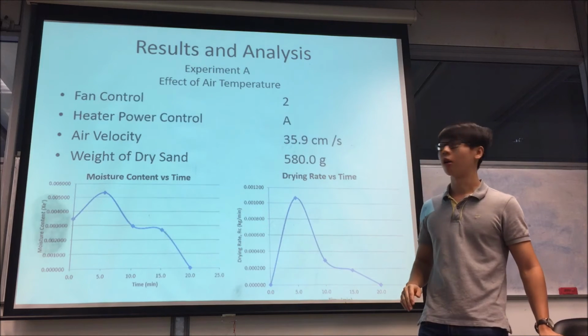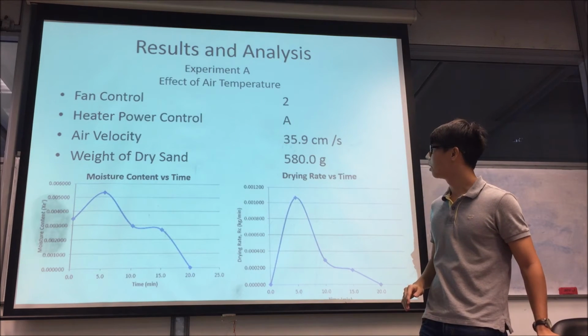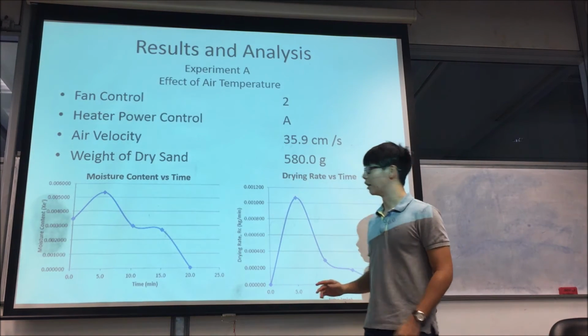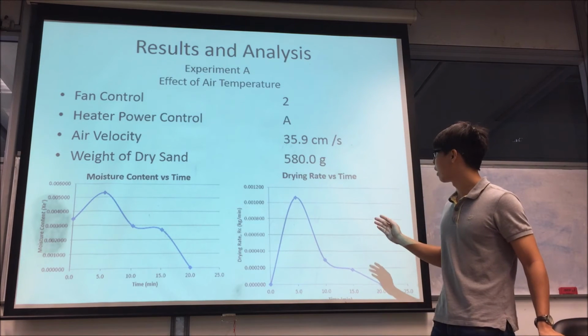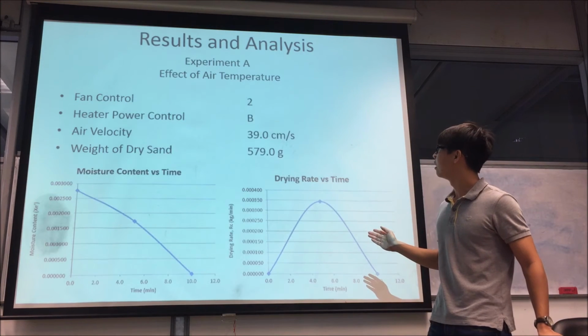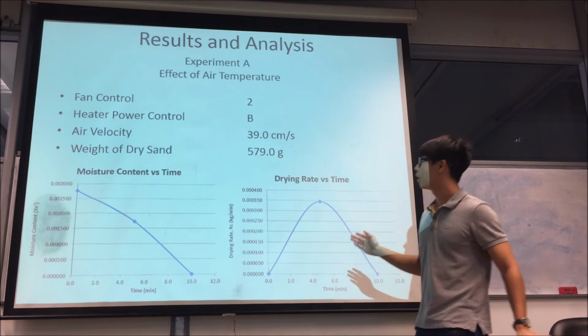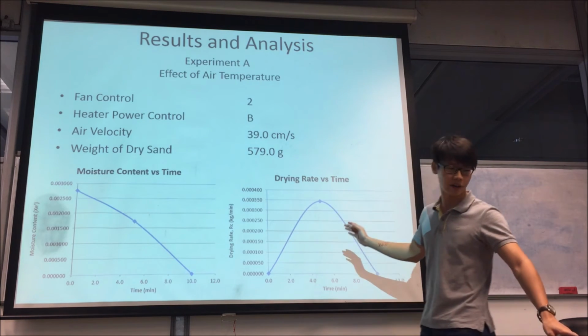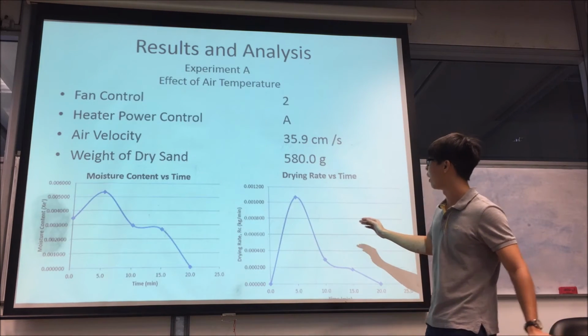Comparing these two experiments, we can see that the drying rate is higher with heater power B compared to heater power A.